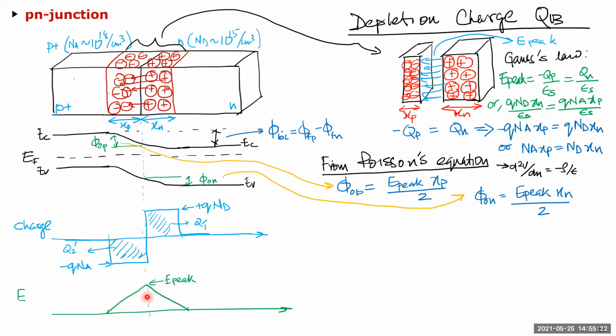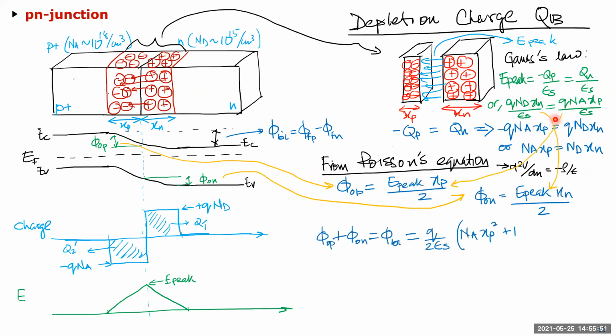Basically, you're saying the field average times XP is the voltage across it. So it's V over D, but here E is not constant, so you're taking the average of it, and that's E peak over 2. That's an approximation you do to calculate the potential difference on one side. Same thing, the potential difference on the N side is the peak times the length of this region divided by 2.